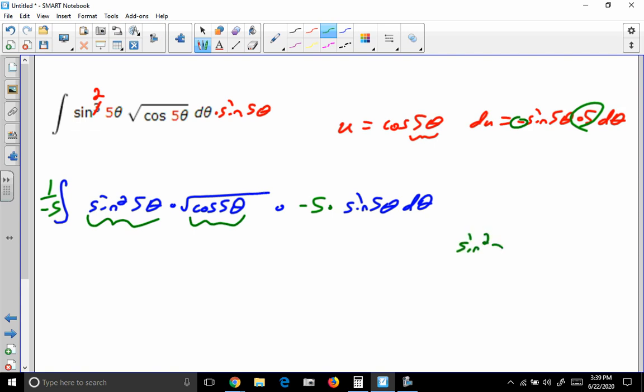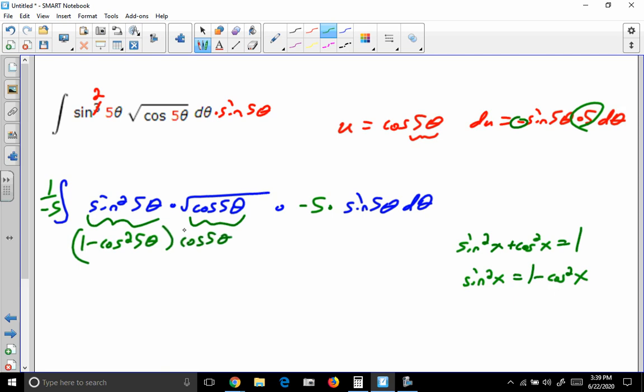So if sine squared plus cosine squared is 1, that means sine squared is 1 minus cosine squared. So in this case, we have sine squared 5 theta, so that's 1 minus cosine squared 5 theta. This, we can change to exponential form, cosine to the 1/2 power.